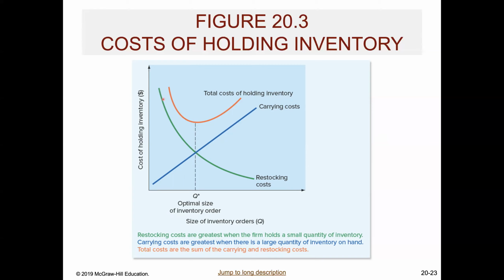And as we add more inventory, the chances of us running out get less and less. So the restocking costs get less. For this total cost curve of holding inventory, we want to find where it is minimized. This Q, the quantity, is the amount that we want to keep on hand.